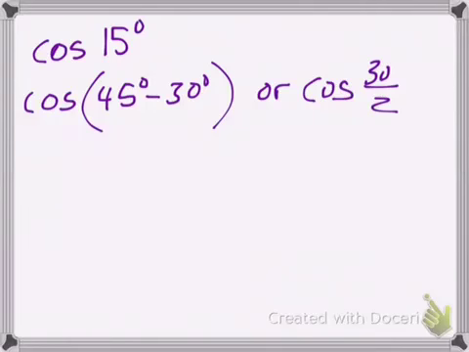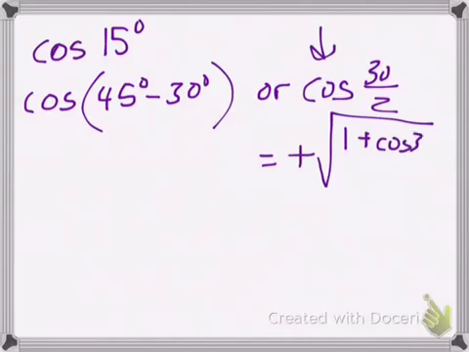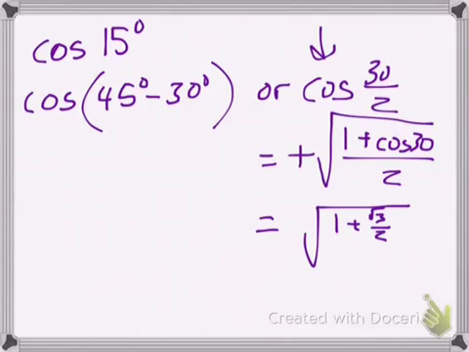Yeah, so probably this one's easier. 15 degrees is in the first quadrant, so it's the positive answer. 1 plus the cosine of 30 over 2. Cosine of 30 is equal to square root of 3 over 2, over 2. Multiply top and bottom by 2, and you're good. Pretty slick to do that. It's just finding the exact value of the cosine of 15 degrees.